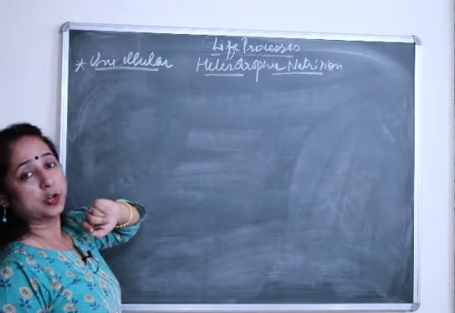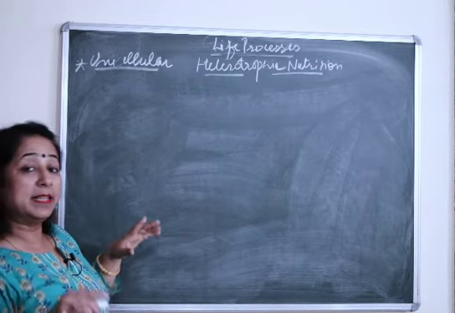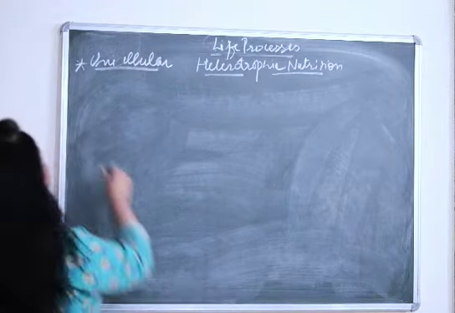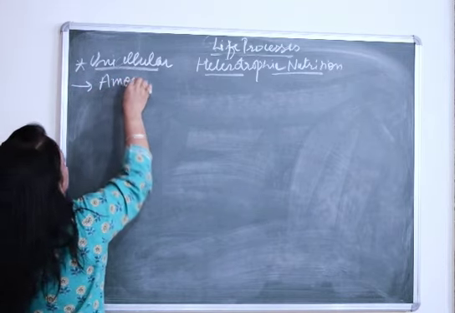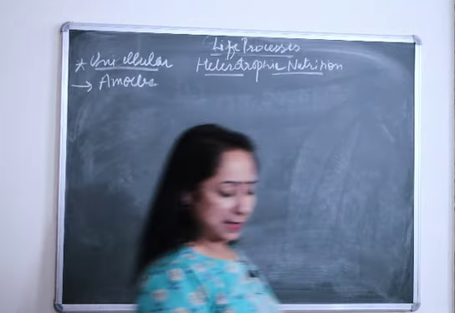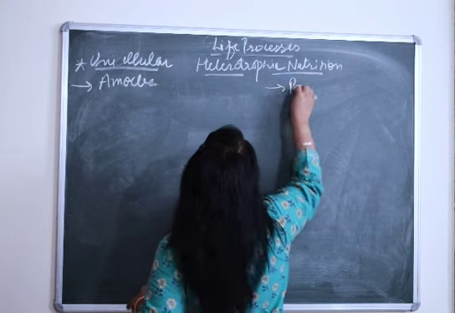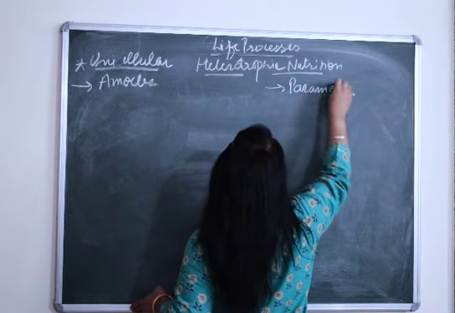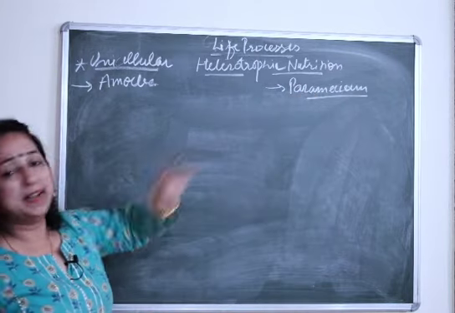So unicellular organisms show a heterotrophic mode of nutrition, but their mode is entirely different. We have two main types, amoeba and the paramecium.